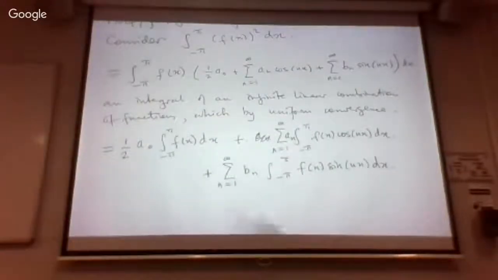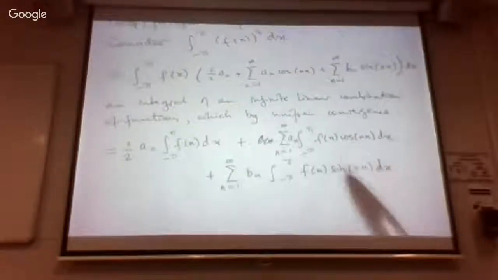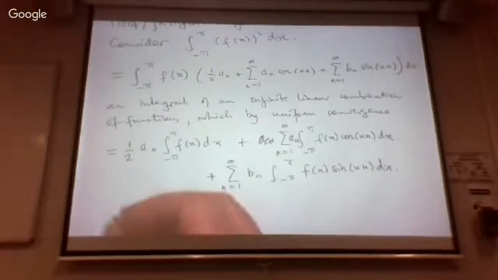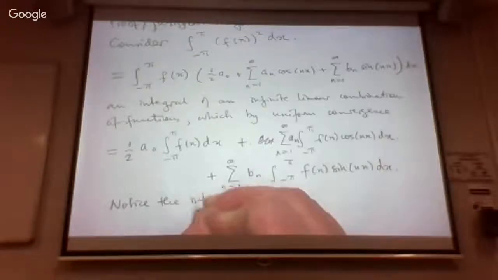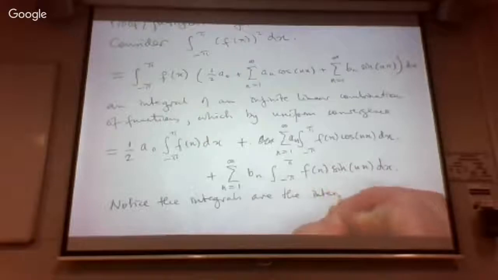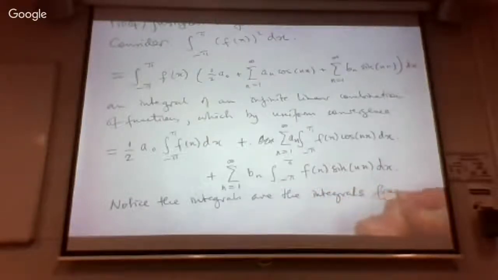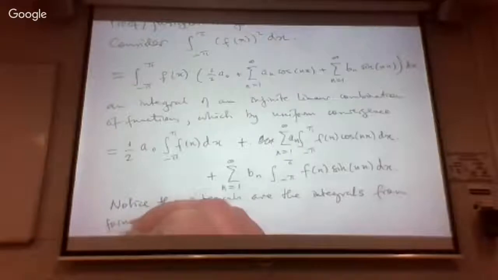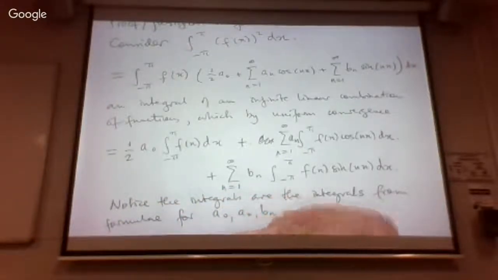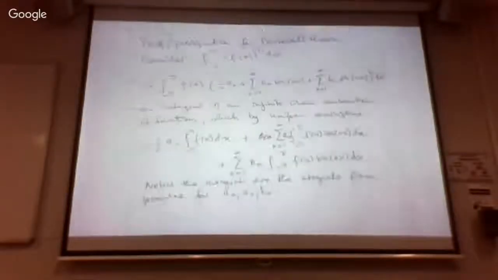Those three, this single integral and these infinite collections of integrals, are exactly the integrals that occur in the Fourier coefficient formulae. Notice these are the integrals appearing in the formulae for a0, an, bn, that define these Fourier coefficients.